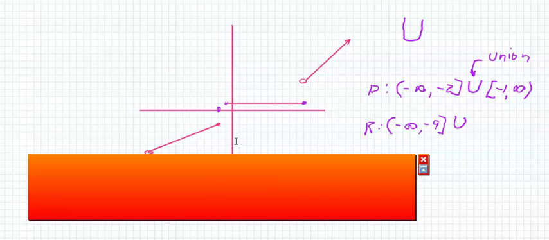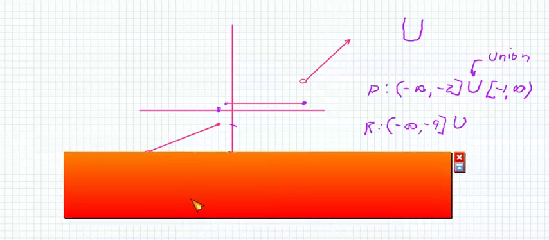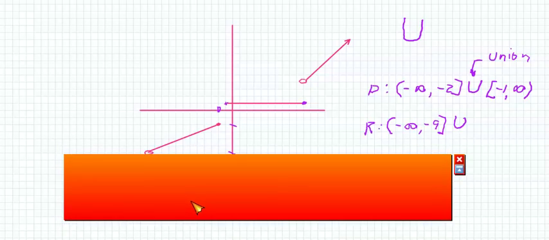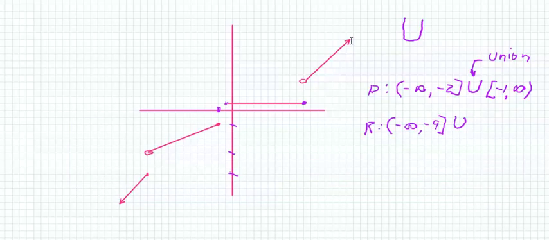1, 2, 3, 4, 5, 6, right here, -6 to here, right there. But we don't hit that point. It's everything above it. It's not that point up to here, which is -2. So our union, -6 to -2.